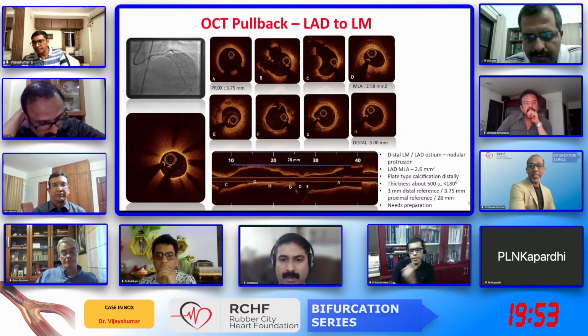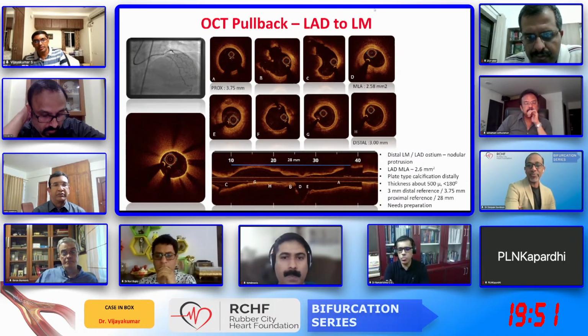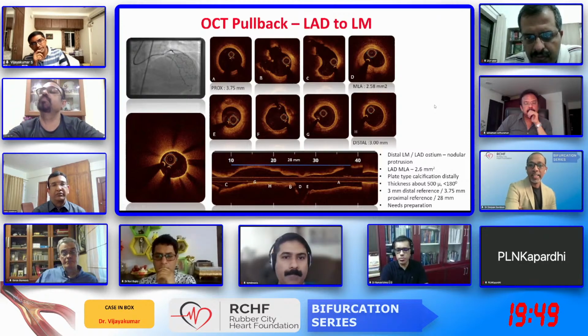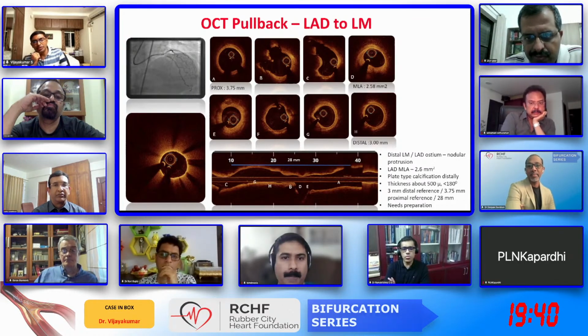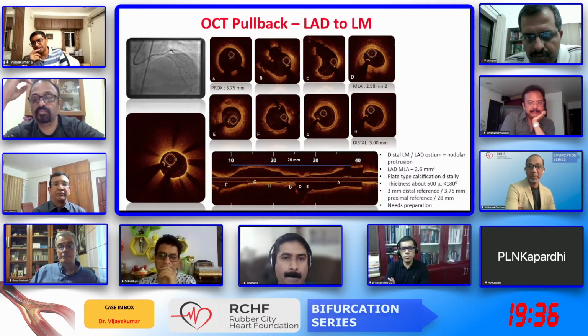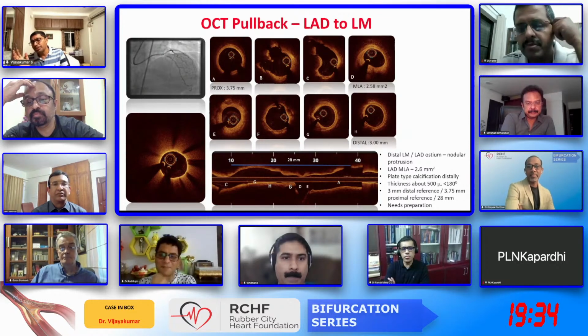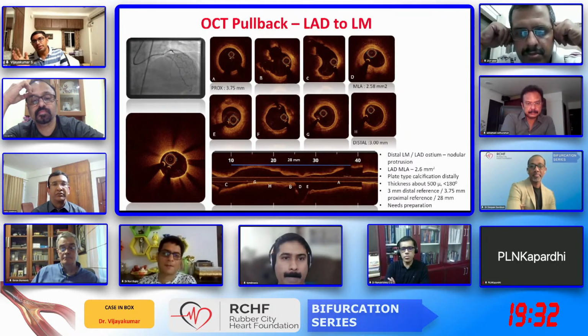Vijay, regarding these images, further classifying that calcium, looking at B as well as C frames: would you call B an eruptive nodule, and C a nodular calcium? Nodular protrusion. I didn't want to confuse people by calling different names, but that is what it is called in the recent classification. The eruptive nodule is the one Dr. Salomoni was describing.